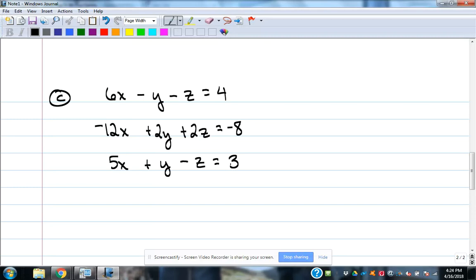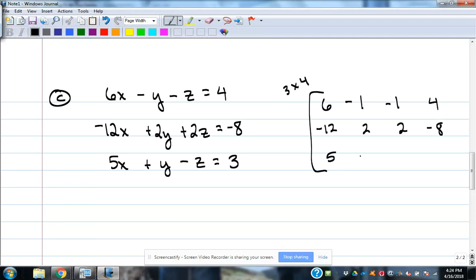XYZ number, XYZ number, XYZ number. We're good. So we're ready to put that in as a matrix. So 3x4 matrix. Put that in your calculator. 6, -1, -1, 4, -12, 2, 2, -8, 5, 1, -1, 3.